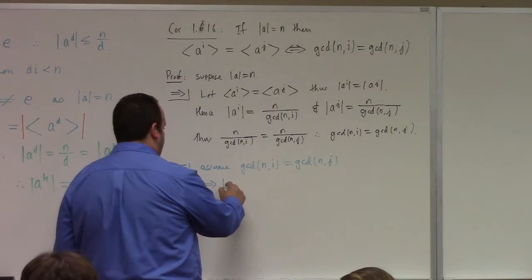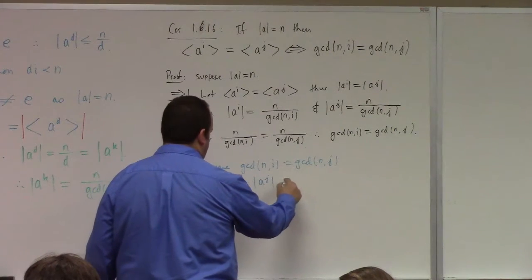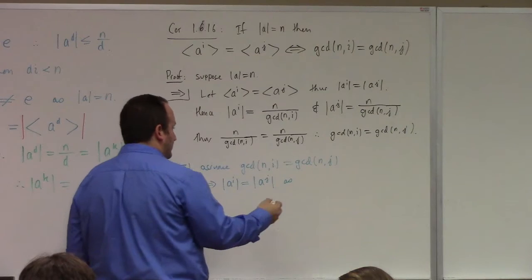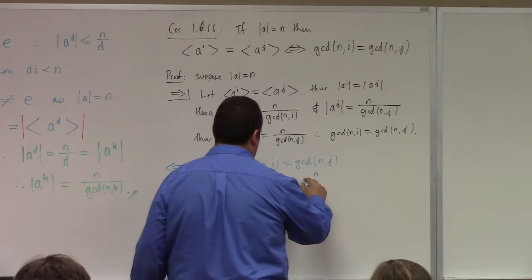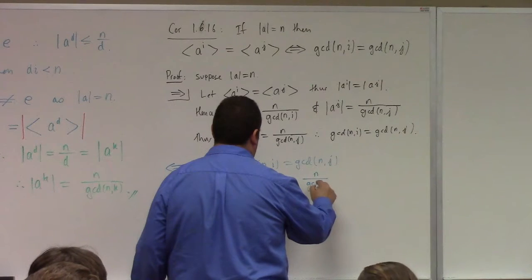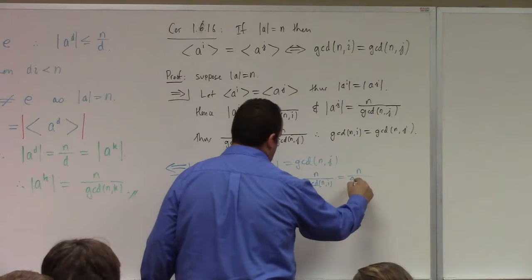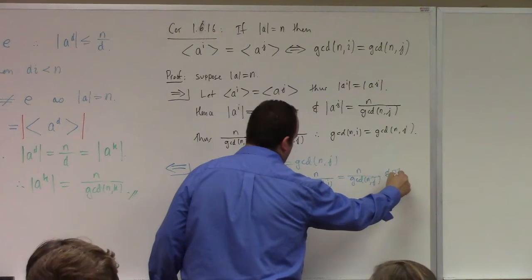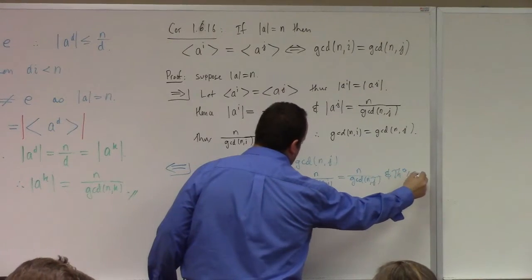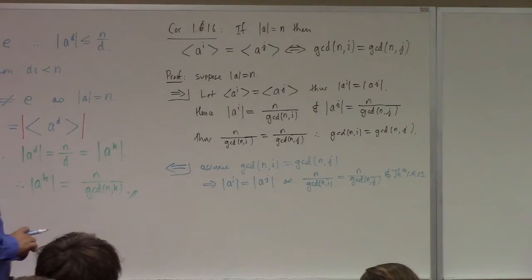It tells me that the order of a to the i is equal to the order of a to the j, as n over GCD(n,i) is equal to n over GCD(n,j) in the theorem. So then what?